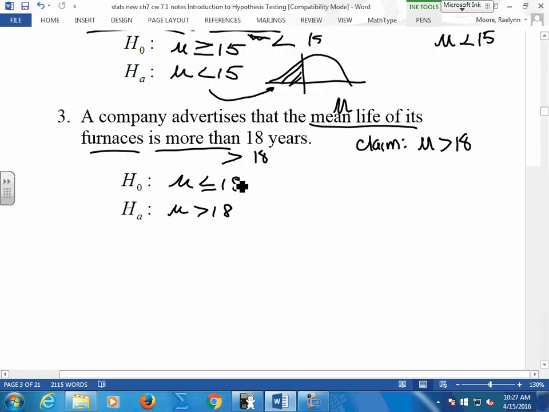Now, eventually, this is what we're heading towards. See this little chart that you did at the bottom of the second page? Now, follow the chart for me for a minute. My claim is my HA. So you're going to follow the top. Your claim is your HA. We're going to test this thing. So we always test the HO. If we reject that statement and your claim is your HA, we will have enough evidence to support your claim, which makes sense, right?